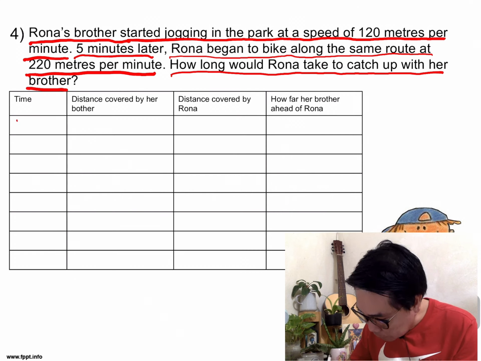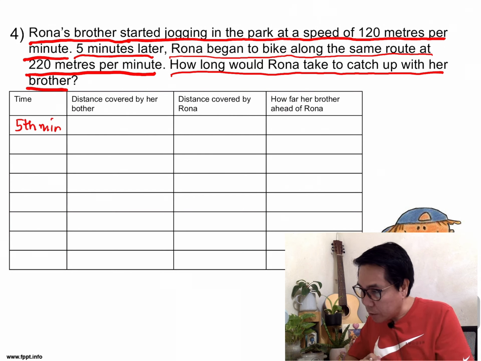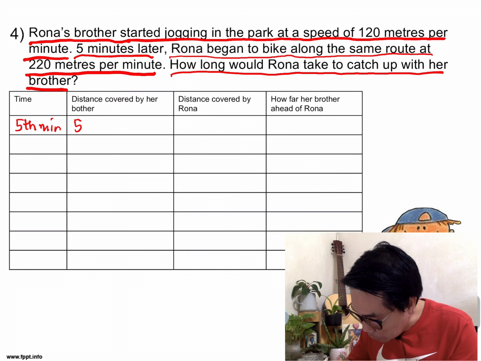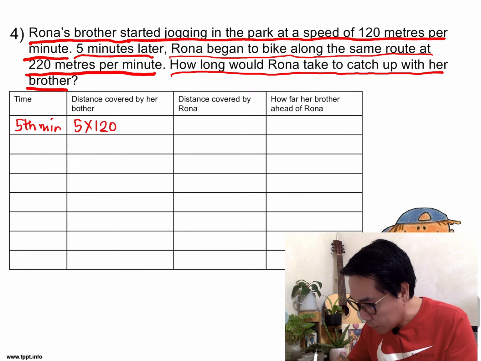So let's find out in the fifth minute. The distance covered by the brother is 5 times 120 equals 600 meters.